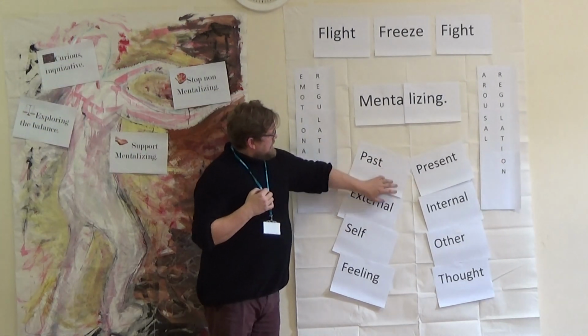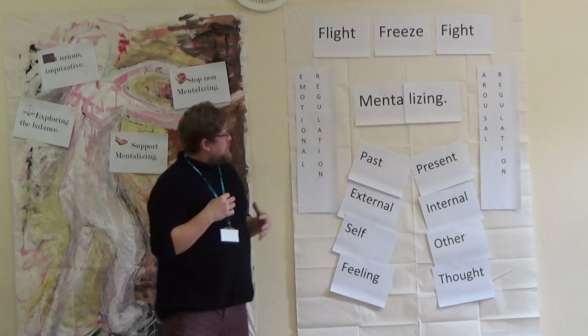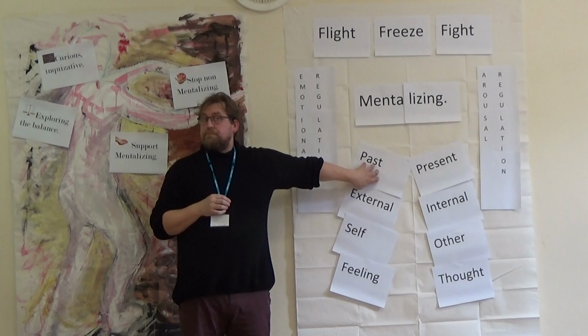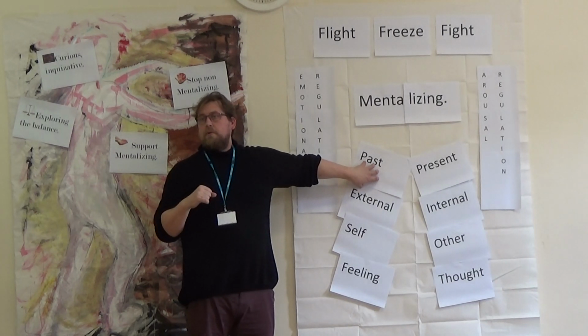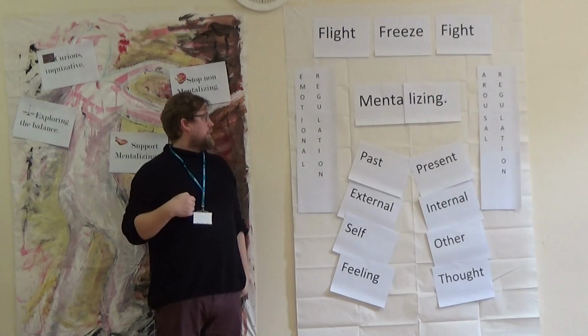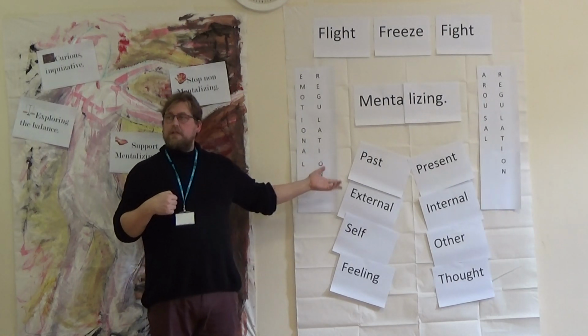Okay, and these are the poles that I was talking about a little bit earlier. So some people talk about what's happened to them in the past a lot, and it lingers, and it might well have consequences to the present. So we can draw on that, and we can look at, so how's that affecting you now?